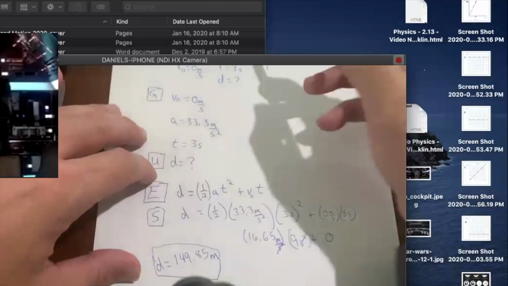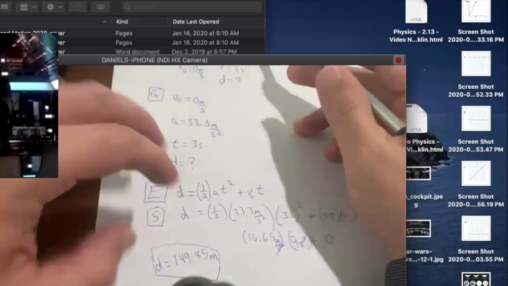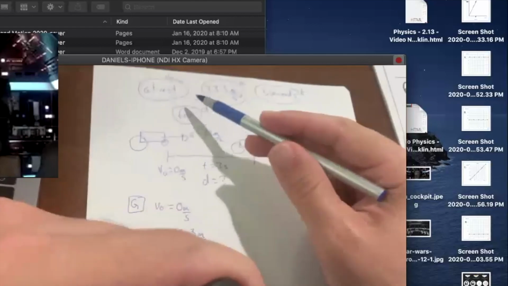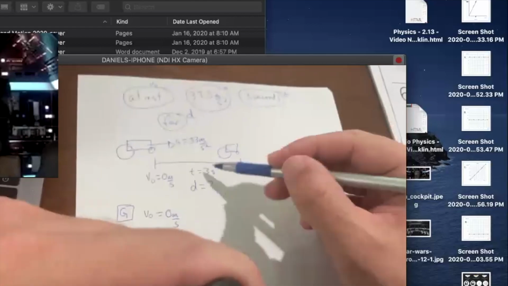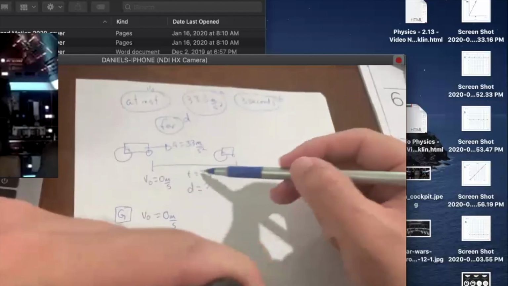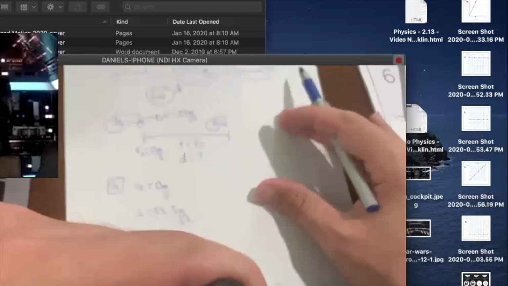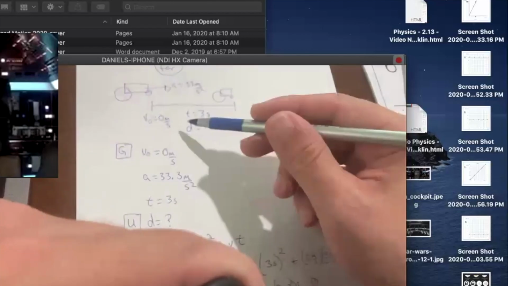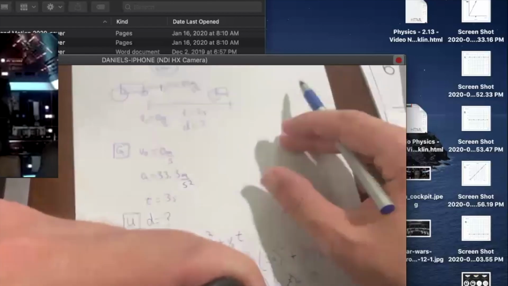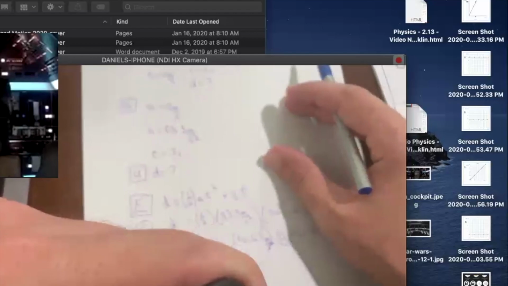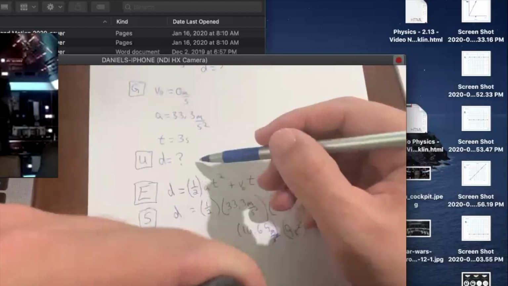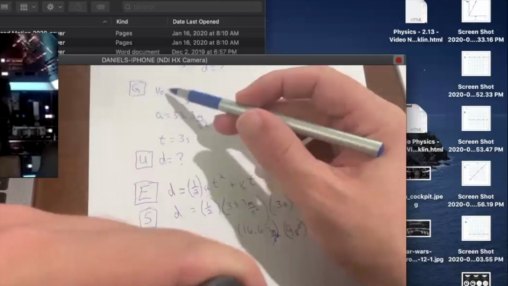So just as a quick recap, make sure that we're drawing our picture and labeling. Different parts of the picture might help us figure out the story. We're going to write our givens. In this problem, the givens are probably one of the most important things you can do. For our equation, we're going to look at our equation sheet, and we're going to look for the equation that has acceleration.